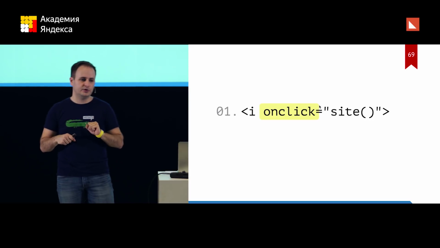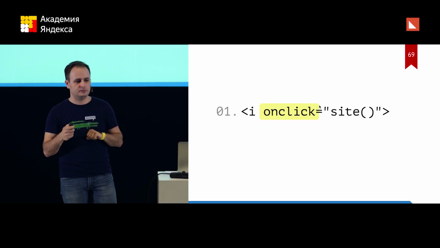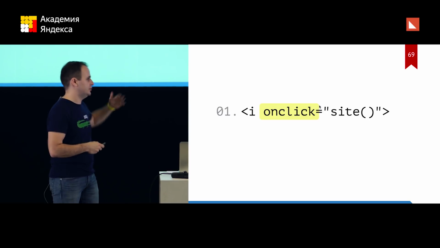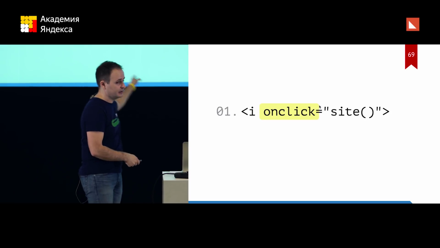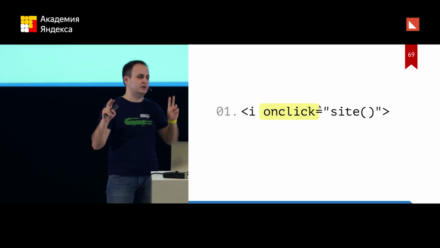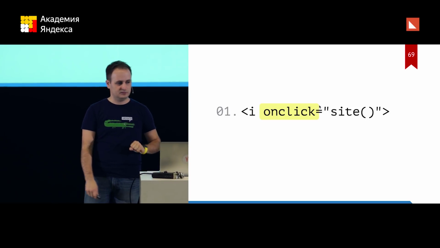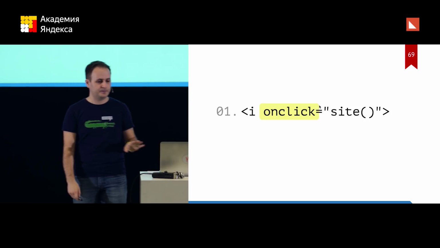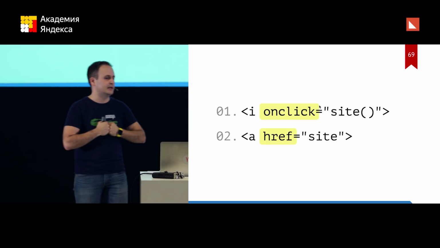You see this thing in your interface. I don't know why you would add this to your interface, but I've seen it once, and it doesn't make sense at all. Imagine you're creating links using an I element with onClick. Total nonsense, but still. How much will it cost to replace it with a proper link?